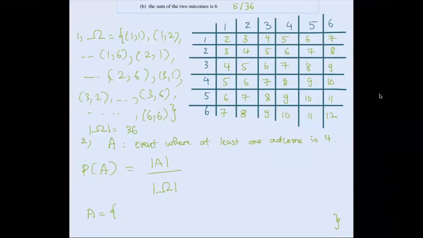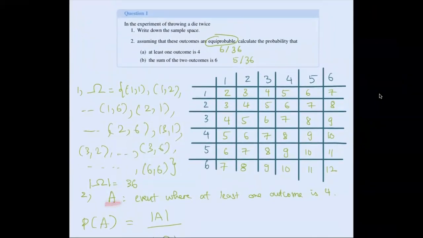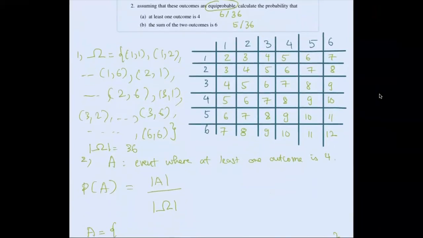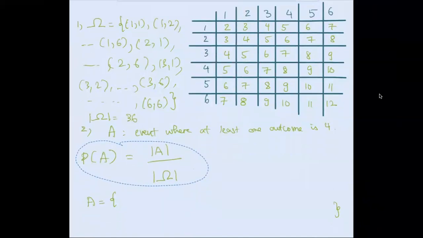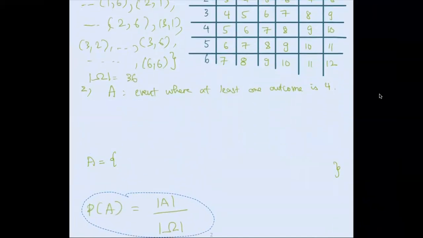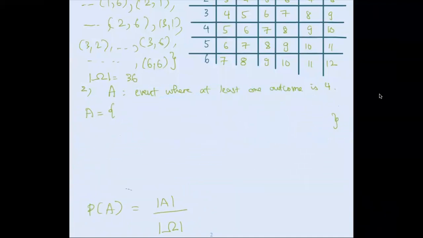So in the midterm or in the exam, please define the event, because if you don't define it, we don't know what A is, right? So first define the event. A is the event where at least one outcome is 4, and then you list out the elements of A, and then finally you use this formula: probability of A equals cardinality of A divided by cardinality of the sample space.